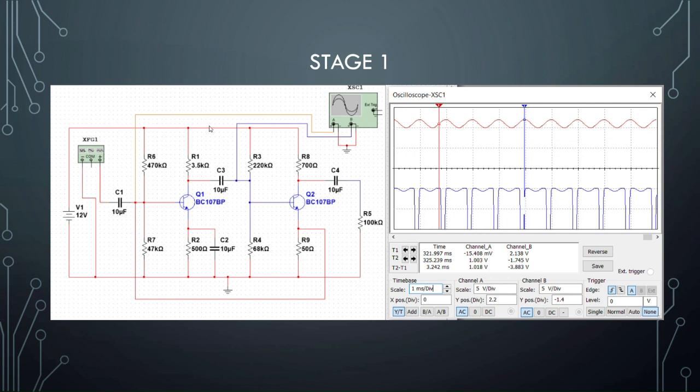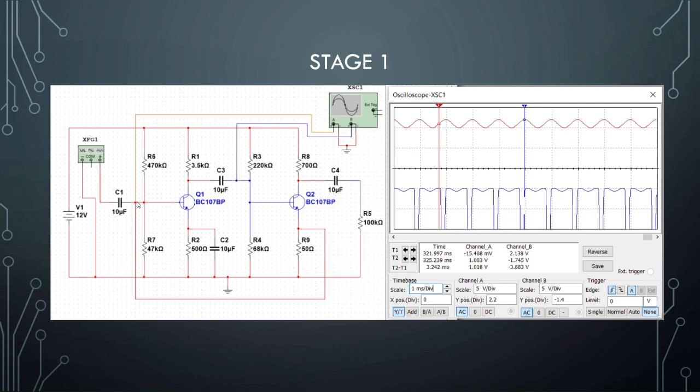As you can see here, for stage 1, the channel A input is placed through capacitor 1, and for channel B, the wire is placed through capacitor 3.